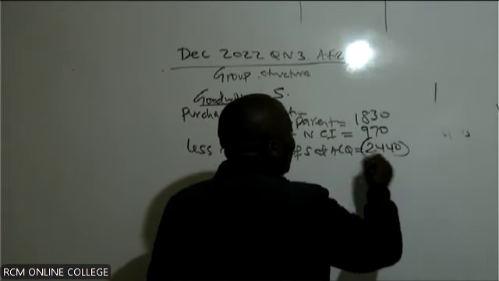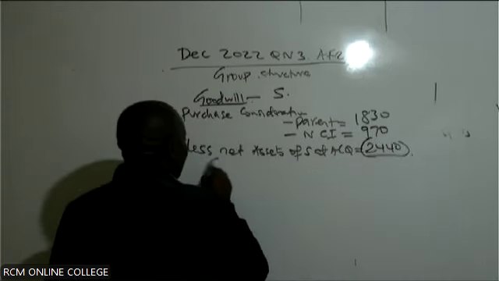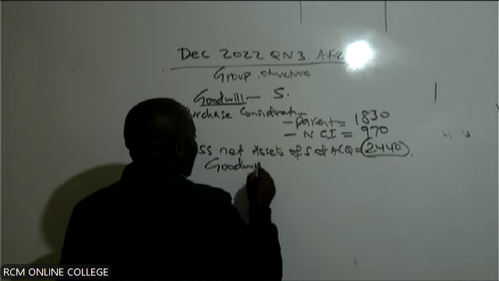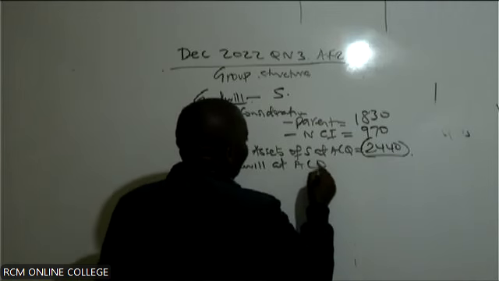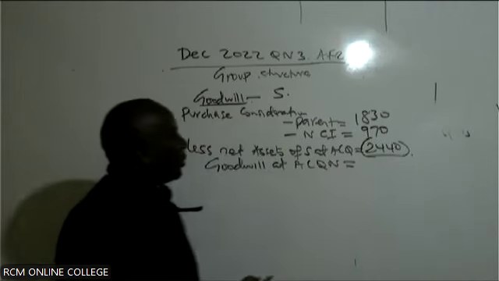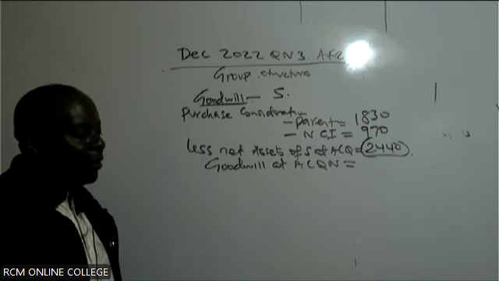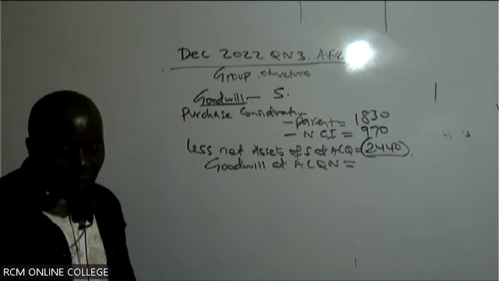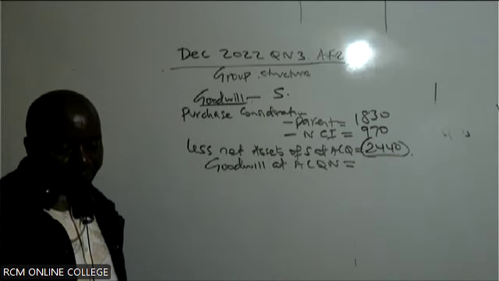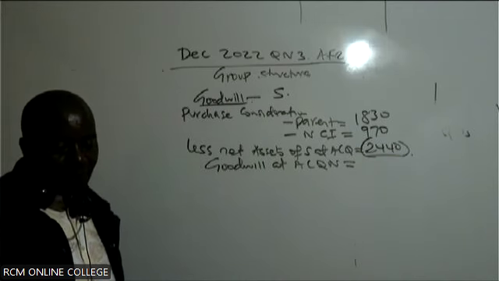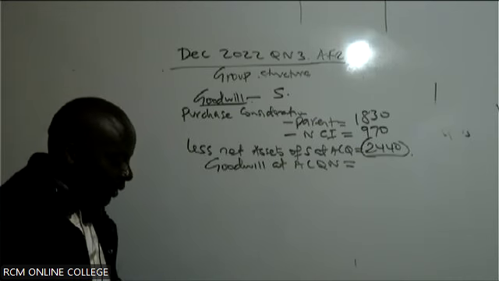So you subtract there, and you should be able to get goodwill at acquisition. Goodwill at acquisition, 1830 plus 970 minus 2440, which will end up giving me what figure? 360. Great.